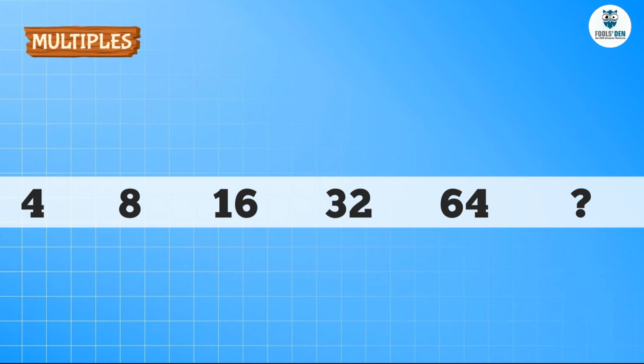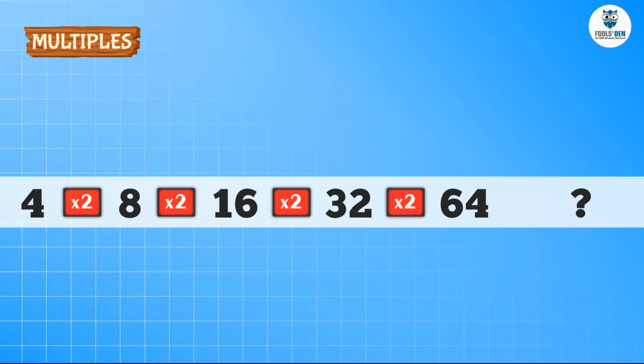Rather, you just see every next term is 2 times the previous term. Like 8 is 2 times 4, 16 is 2 times 8, 32 is 2 times 16 and so on. So your answer would be 2 times 64, that is 128.